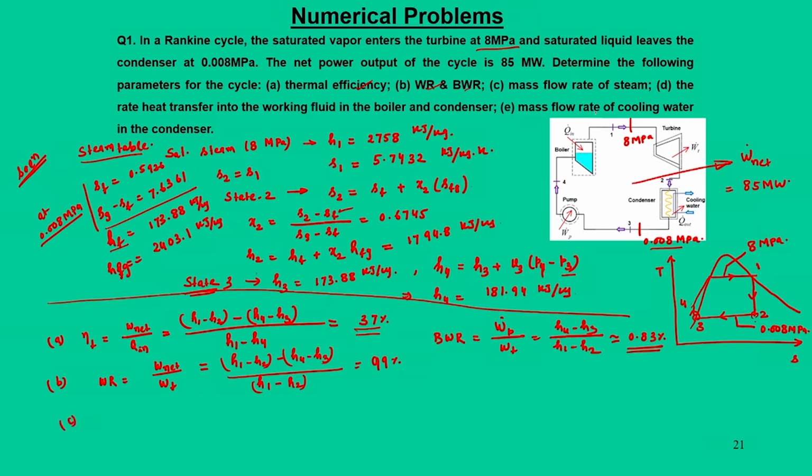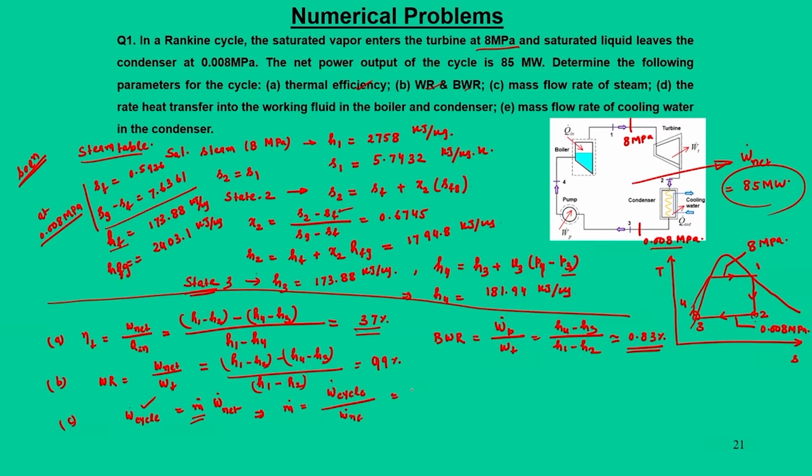Then mass flow rate of steam. So, you can say W dot cycle is equal to m dot into W dot net. So, from this cycle work what is given, 80 megawatt, we require mass of steam. So, we can find out this m dot as W dot cycle divided by W dot net.